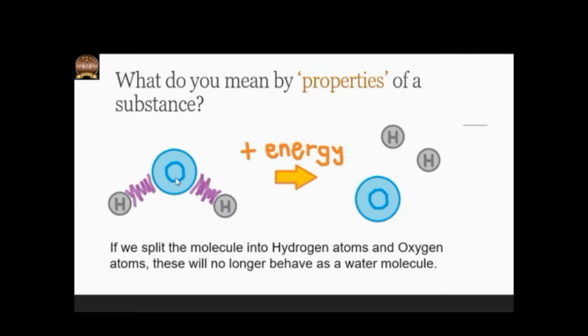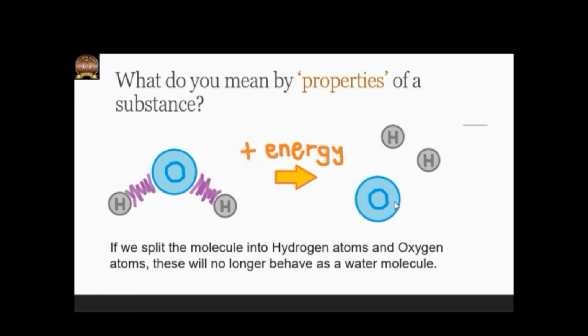A water molecule would look like this. You will have to spend a lot of energy to break it apart and separate it into hydrogen atoms and oxygen atom. Water molecules at room temperature behave as liquids, or show the property of being a liquid, whereas hydrogen atoms at room temperature behave as a gas.